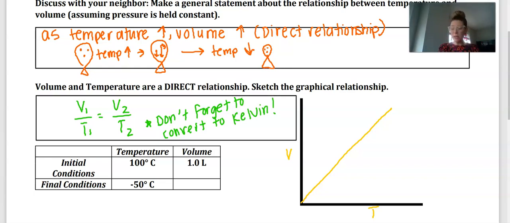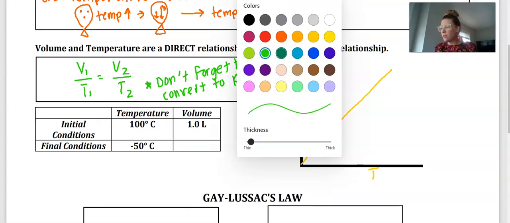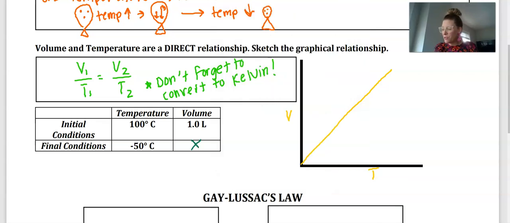So let's go ahead and do one example for our notes. We have here volume versus temperature, initial conditions versus final conditions. Obviously, we are looking for our final temperature here. It becomes our unknown. Before I even start plugging things into my equation, though, I noticed that in my table, my temperature is still listed in terms of degrees Celsius.